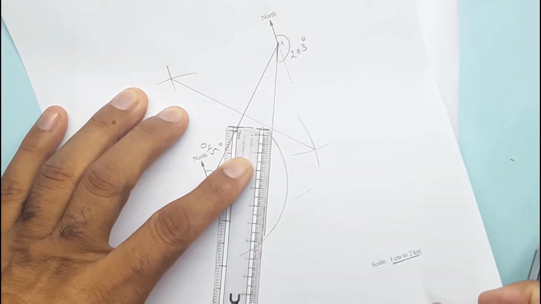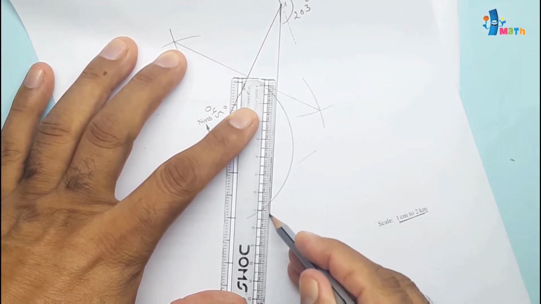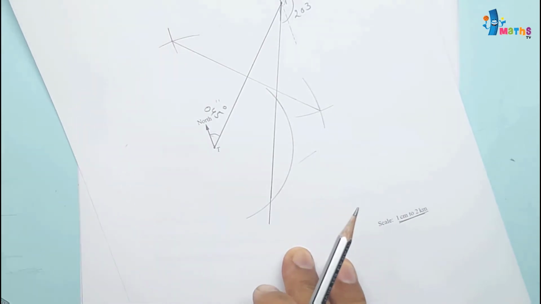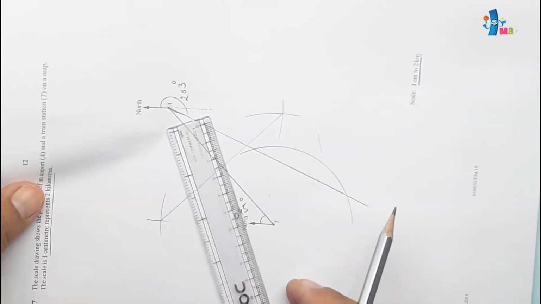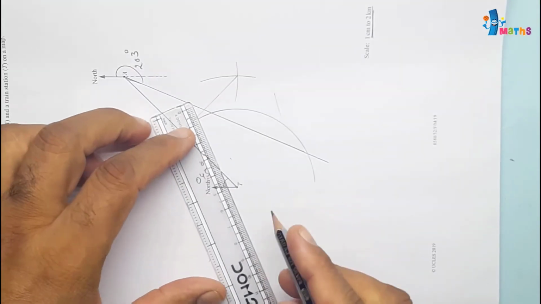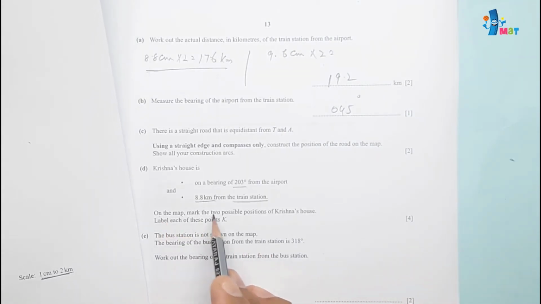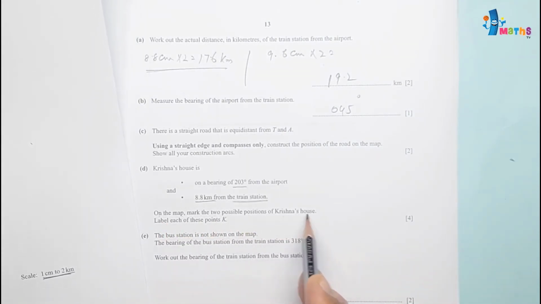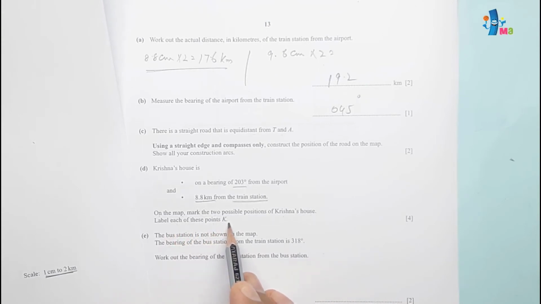So I'll move a little over here so that you can watch properly. Okay, so this is the point, and these are 2 points K.